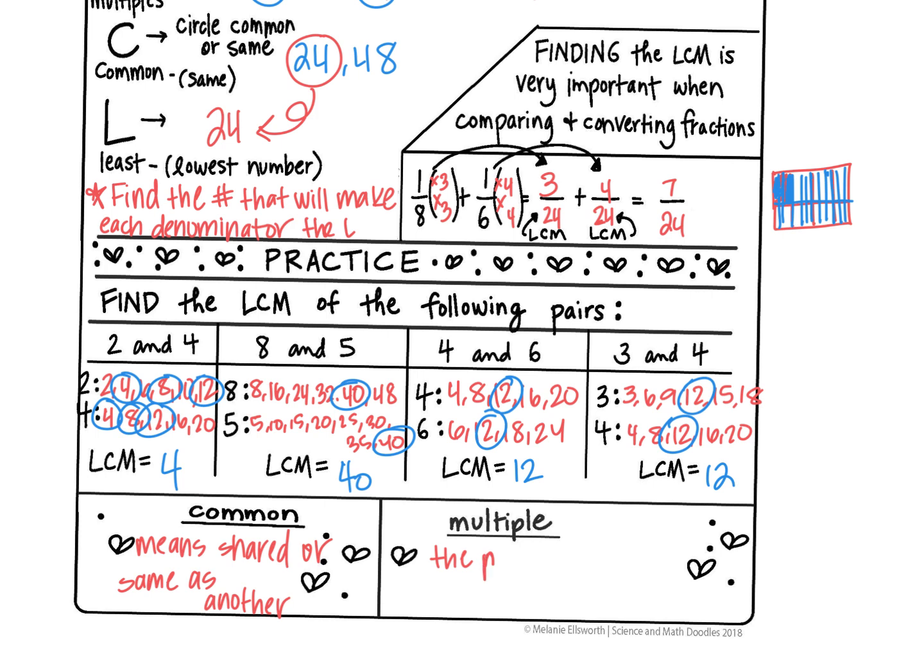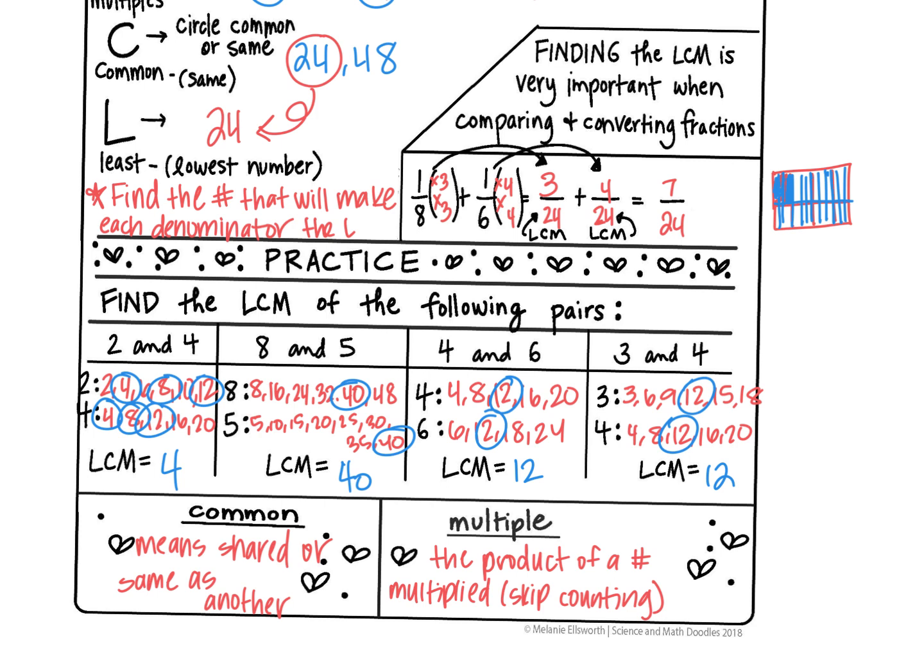The product of a number multiplied. And what you need to remember with multiples is that we are skip counting. Okay.